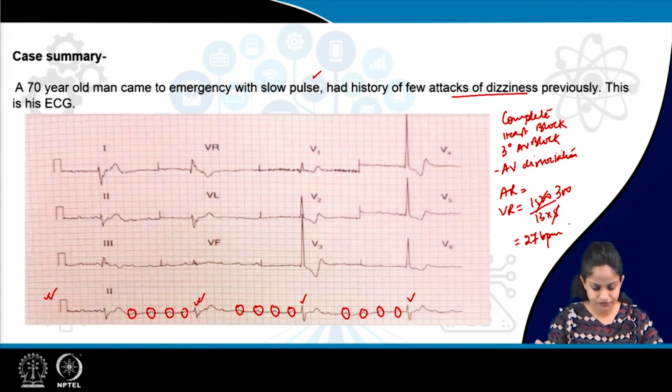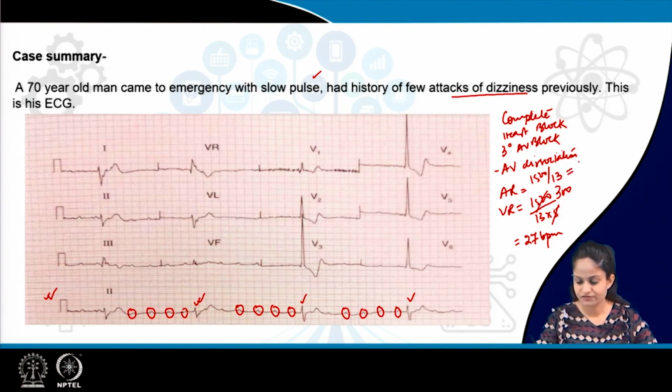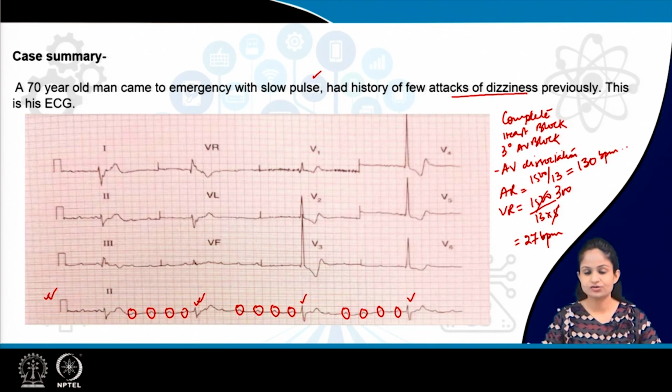The atrial rate will be around 1500 divided by 13 small boxes that I can see, so around 130 beats per minute. So the atrial and ventricular rates are different. This is the AV dissociation, an ECG of complete heart block.